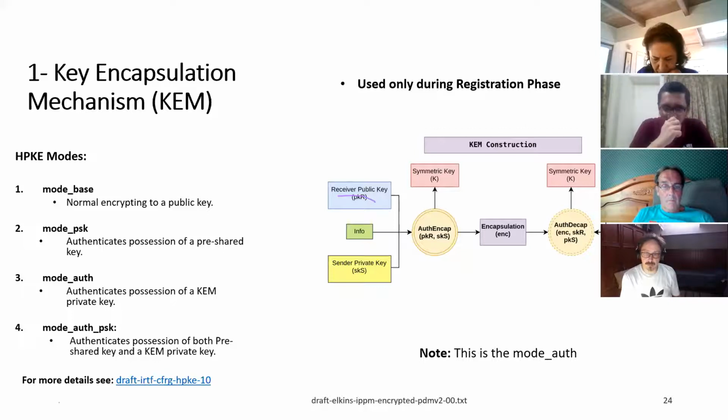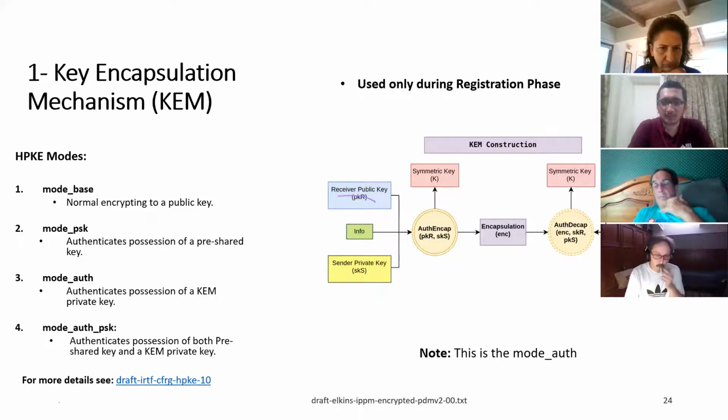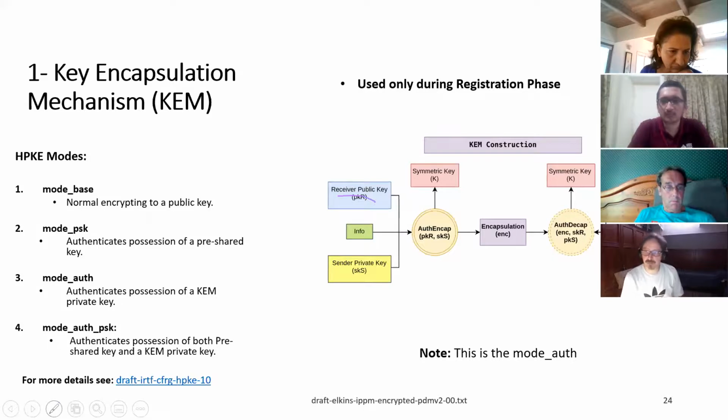The output of this function gives you the symmetric key and the encapsulated encrypted key. This mode is the authenticated mode, but there are 4 modes presented in the draft, and we are following this one because we are more considering the authentication of the key. So the next slide, please.